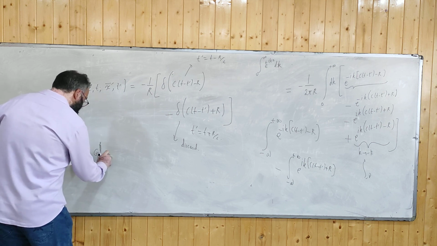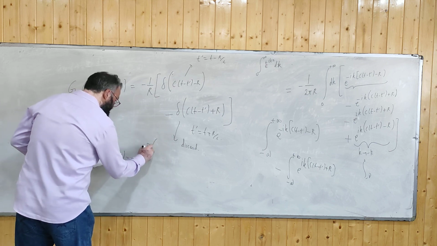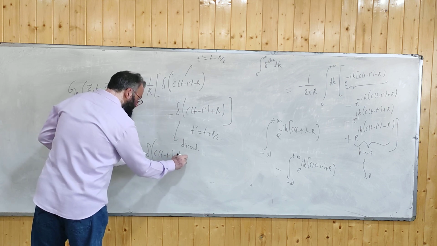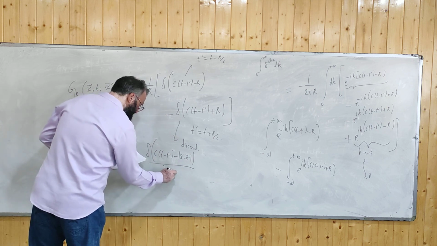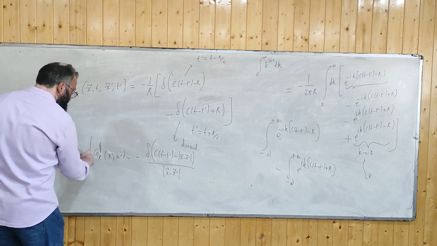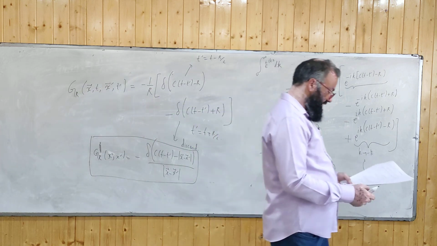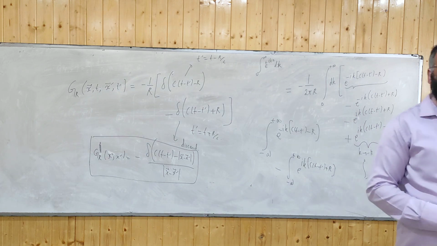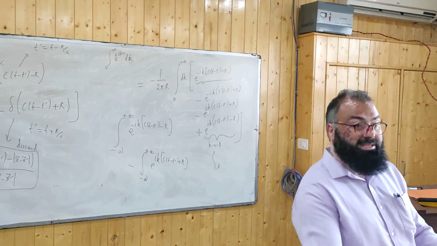G retarded (x, t; x prime, t prime) is equal to minus delta of c (t minus t prime) minus magnitude of r, let me write it like this, divided by magnitude of x minus x prime. So these are the four vectors, x and t. Now we'll use it in the next lecture. Clear? So do all the integrals yourself.